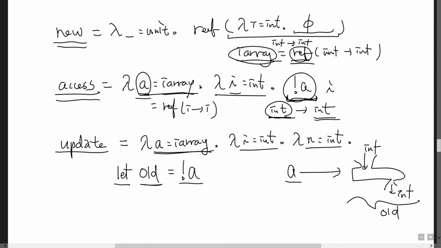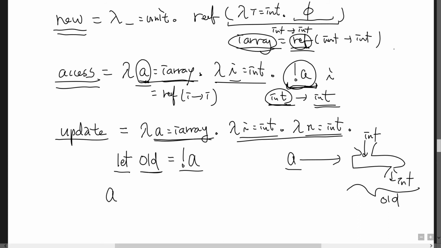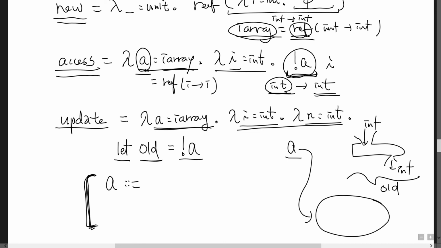And then we have to update this array because we are updating one of its elements. So what we do is we update this A with new array. After evaluating this expression, A is going to point to a new black box, a new lambda abstraction.